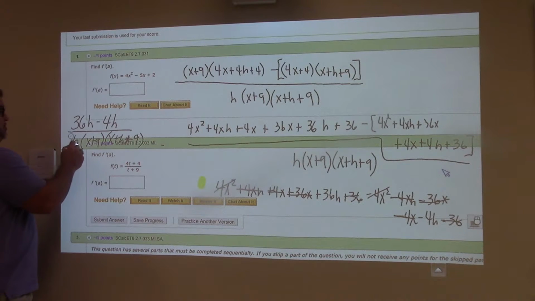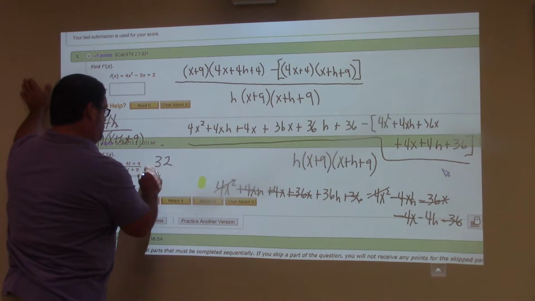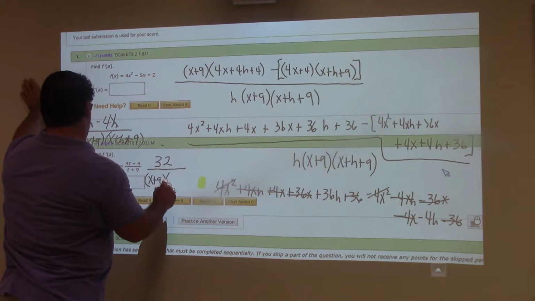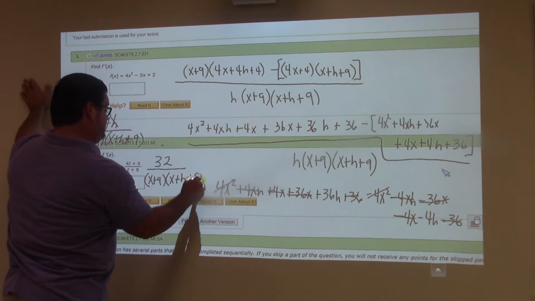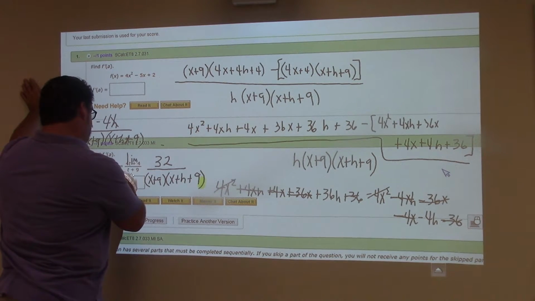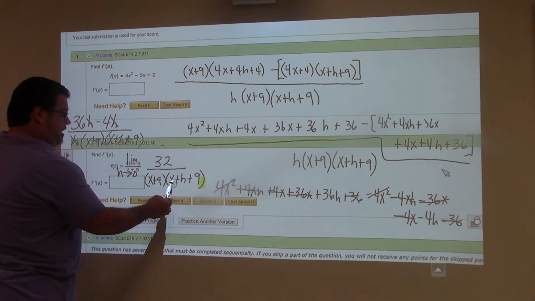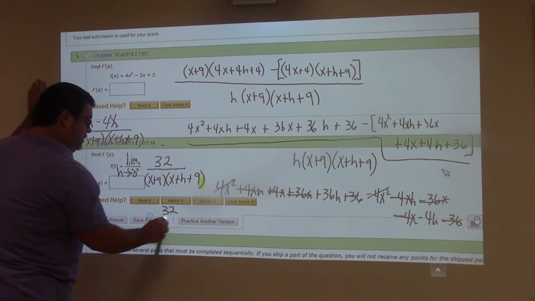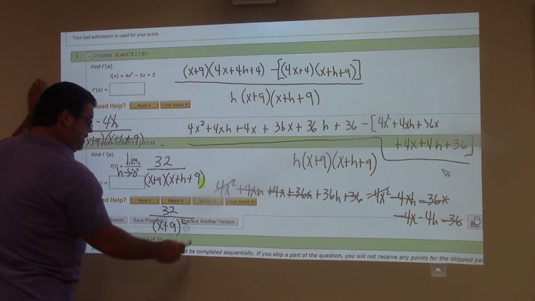And the h's do what? Cancel out. 36 minus 4 is 32. So 32 over x plus 9 times x plus h plus 9, and then the limit as h approaches 0. That's 0, you get x plus 9, right? So 32 over x plus 9, what? Squared.